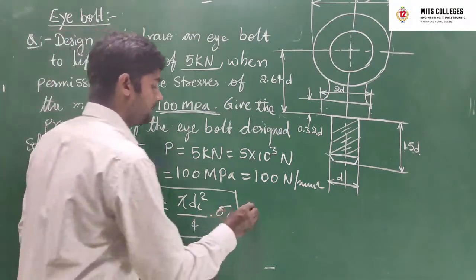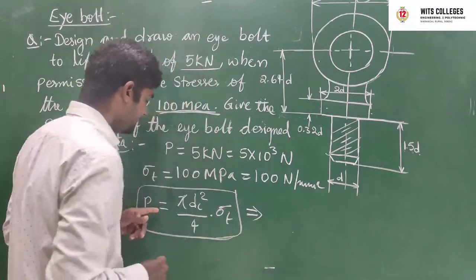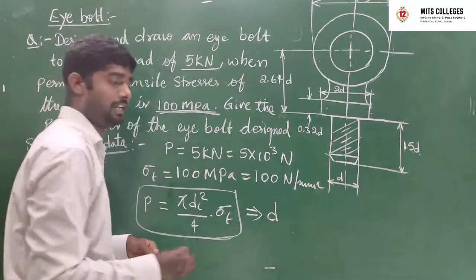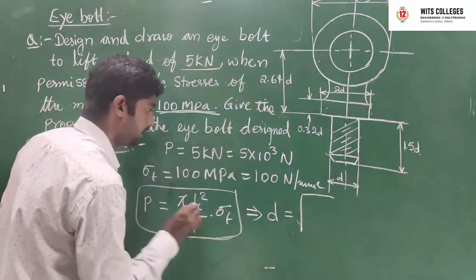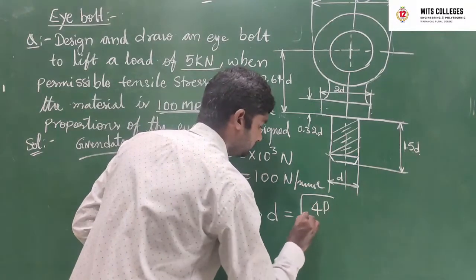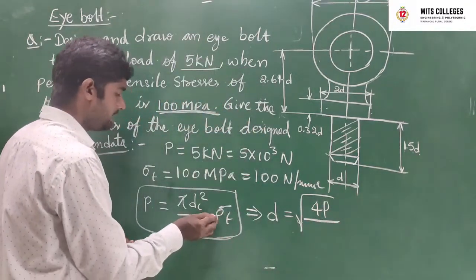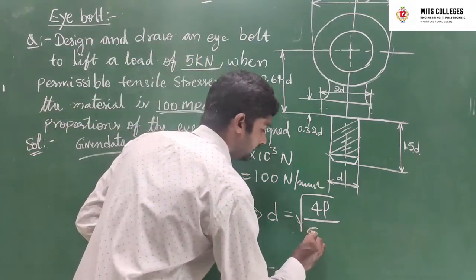Using this formula, D is equal to under root 4P by pi sigma t.